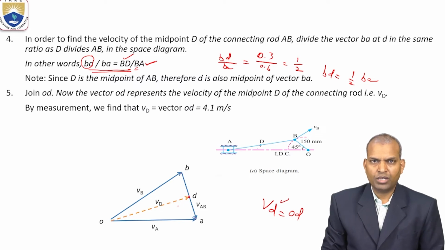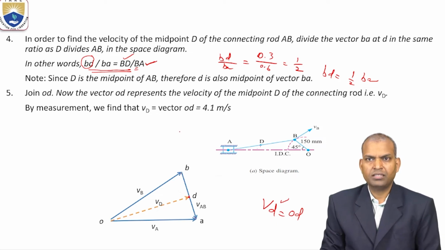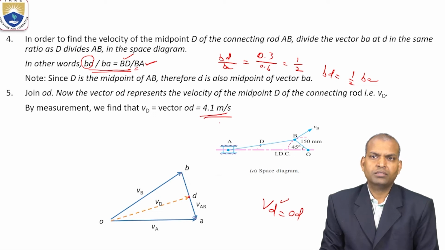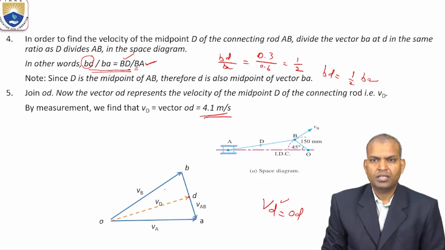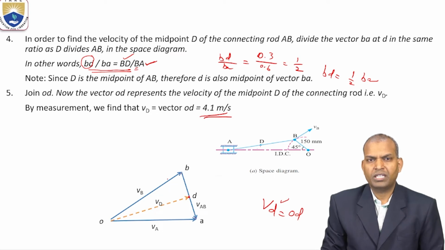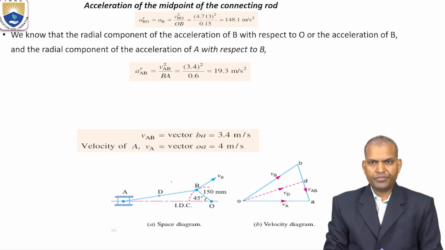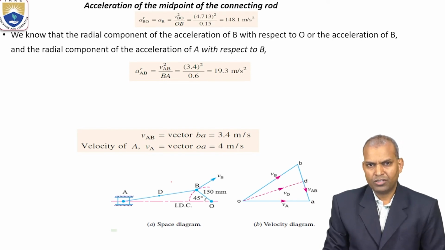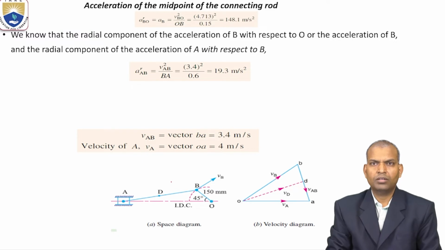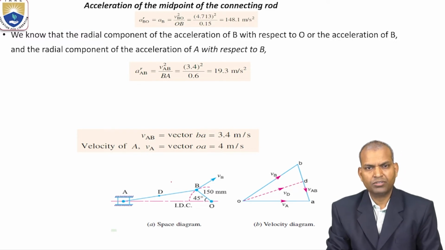By measurement, we find that vector OD equals 4.1 meters per second. Thus, we have found the velocity of the midpoint D on the connecting rod. That is what we covered so far: how to find the velocity of midpoint D on the connecting rod.